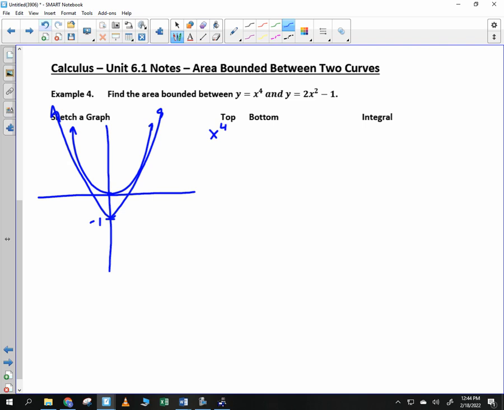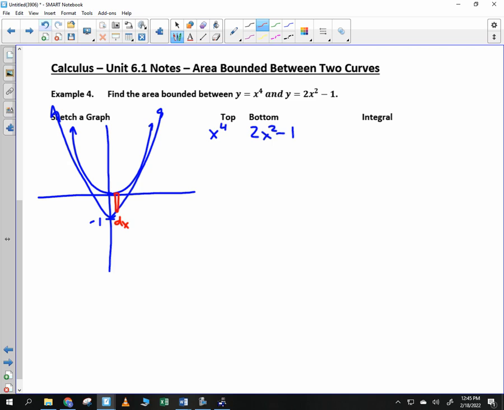All right, so which graph is on the top? X to the fourth. What's on the bottom? If you were to draw a rectangle to represent the area, notice that I draw from the top to the bottom. Does it have horizontal thickness or vertical thickness? Horizontal width, right? So it's a width of dx.